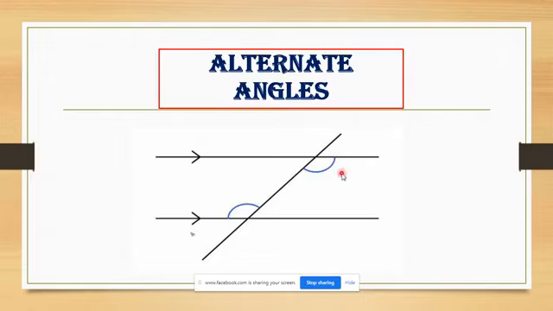So observe very carefully. Suppose this is line L and this is line M and the transversal is N. Observe the angle. This is the right hand side of the transversal, and this is the left side of the transversal.